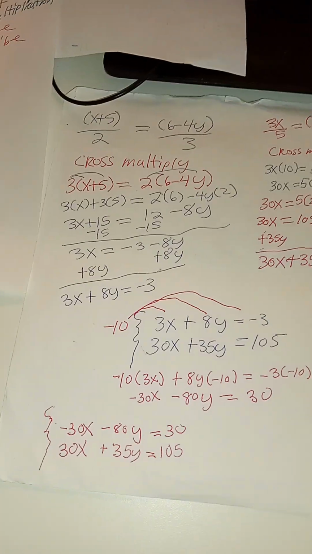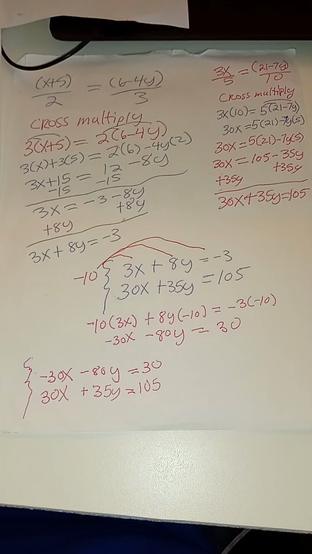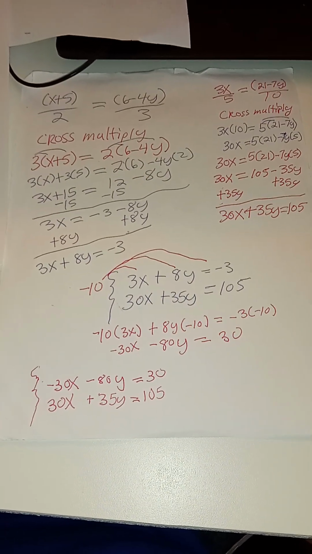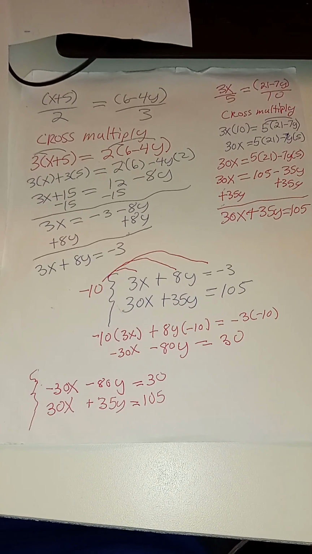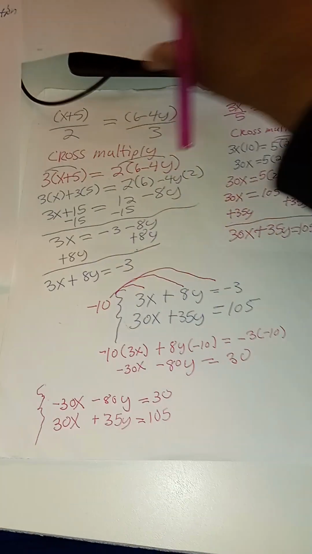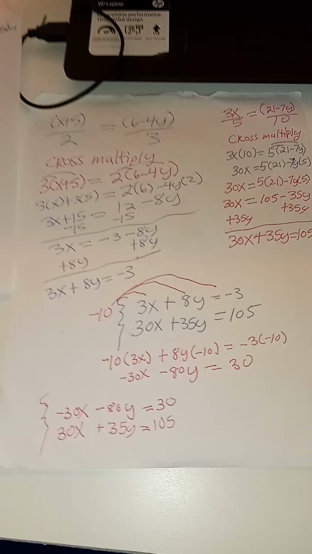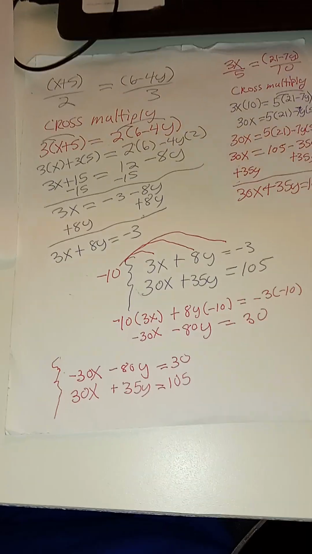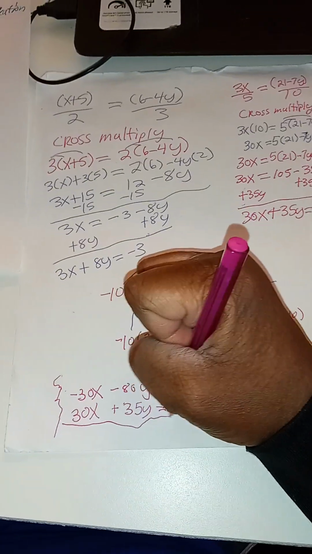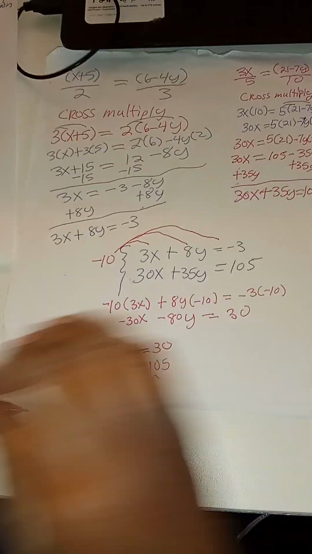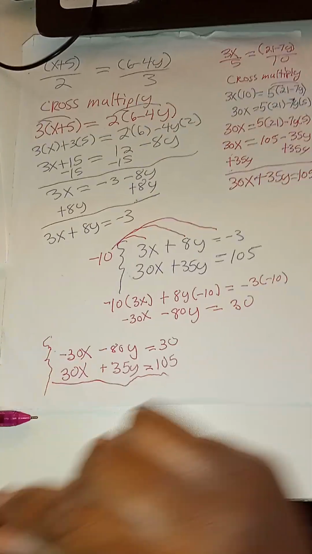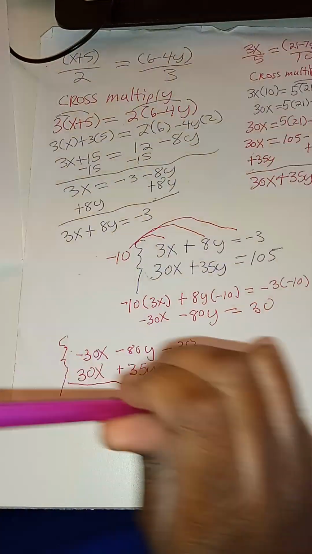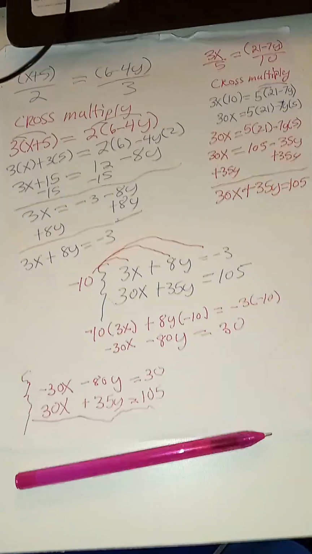So now we need to simplify this. So in order to simplify this, draw our line there. And so we need to see negative 30x plus 30x will be 0.